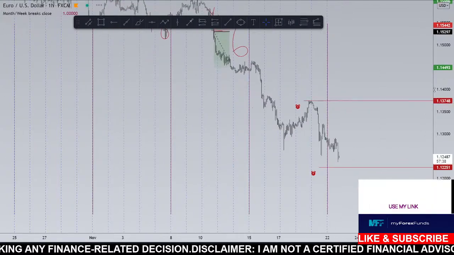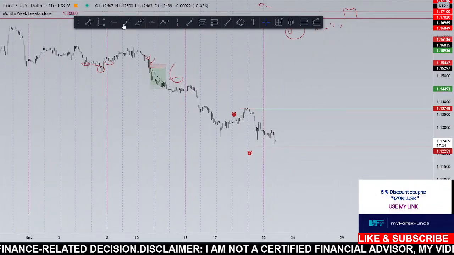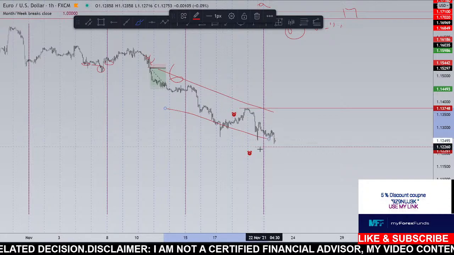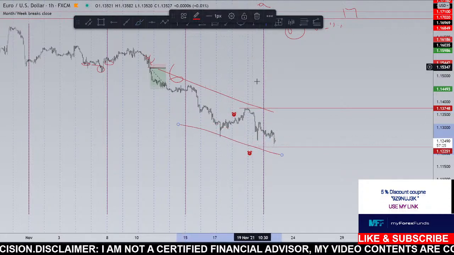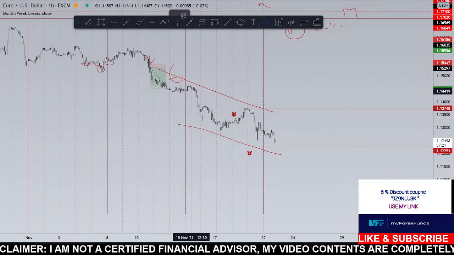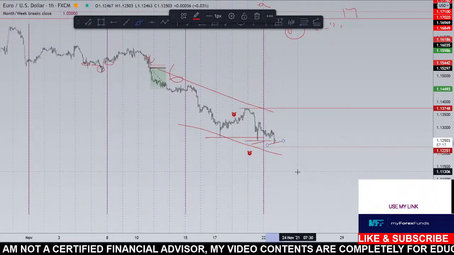Overall, we are in a downtrend. The overall trend of the market is down, and now we can see that the market has started forming some sort of descending pattern, because it's barely breaking the low, retracing, again breaking the low, again retracing.